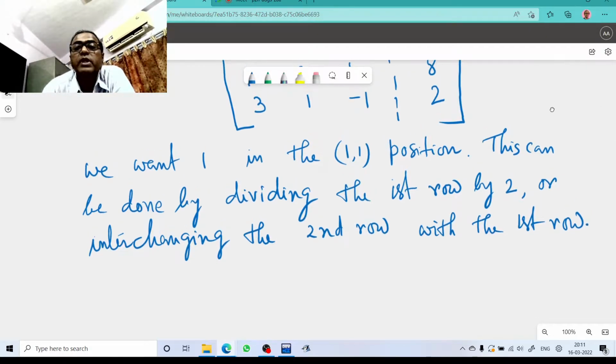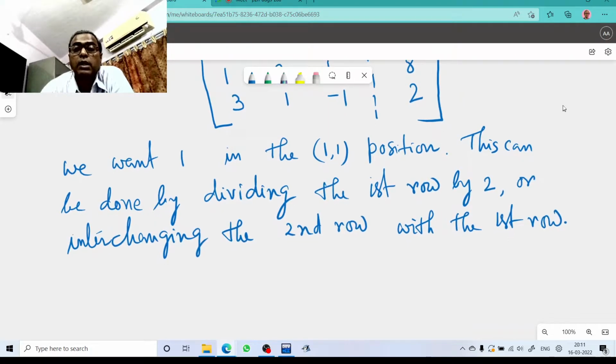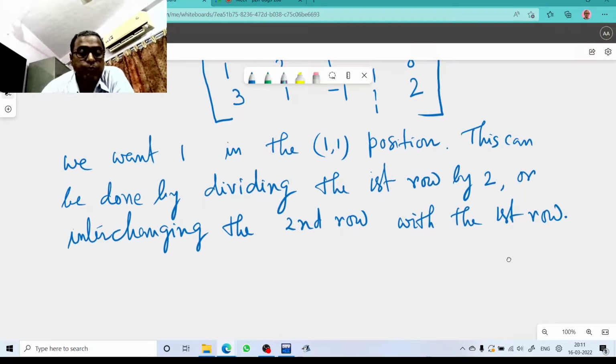So here in the 1, 1 position is 2. We want this element to be 1. So to get the element 1 in the 1, 1 position, either we divide this first row by 2 or interchange first row and second row. This is the row operation.